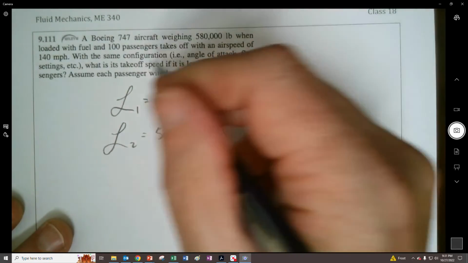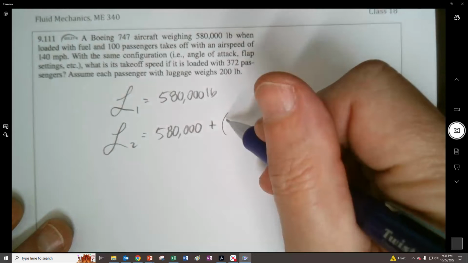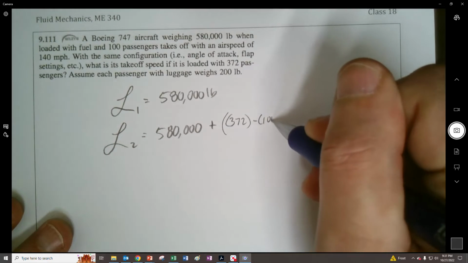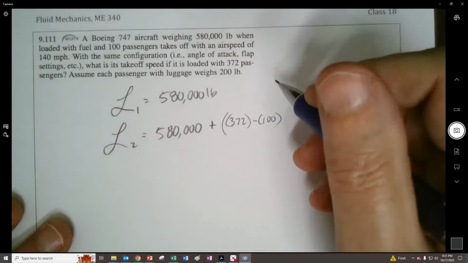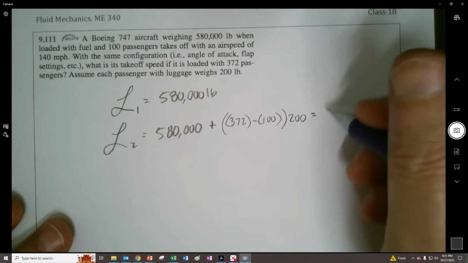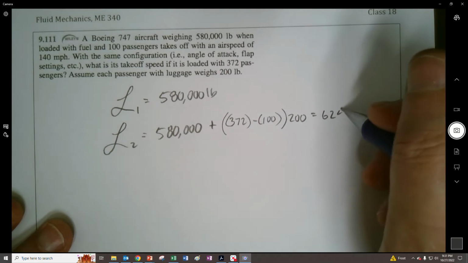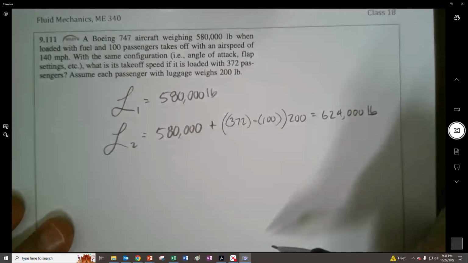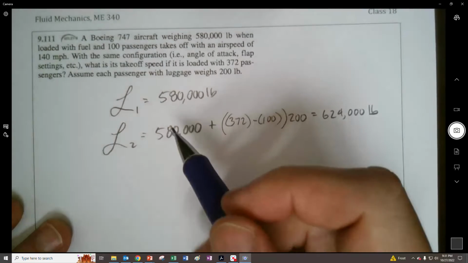So we started out with 100, so let's take 372 and subtract out 100. So this is going to be the additional amount of weight, and that's going to be 200 per passenger right there. So we end up with 624,000 pounds now in the new configuration.